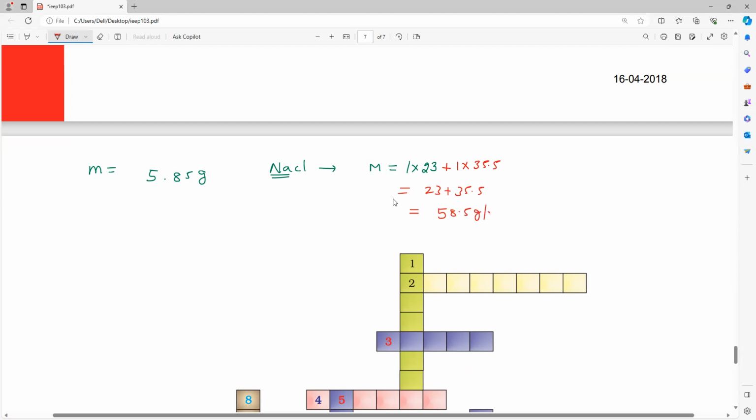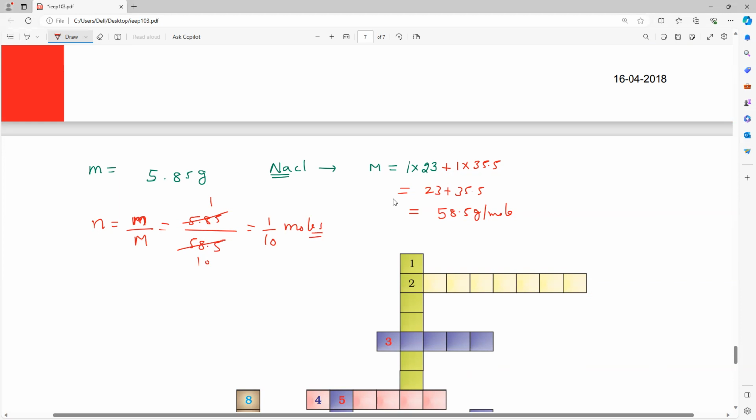You all should try to say, at least one question I'm able to answer, that is my target in a given whole class. So given mass divided by molar mass. Given mass is 5.85, molar mass is 58.5. So what is the number of moles, everybody? 1/10 moles.